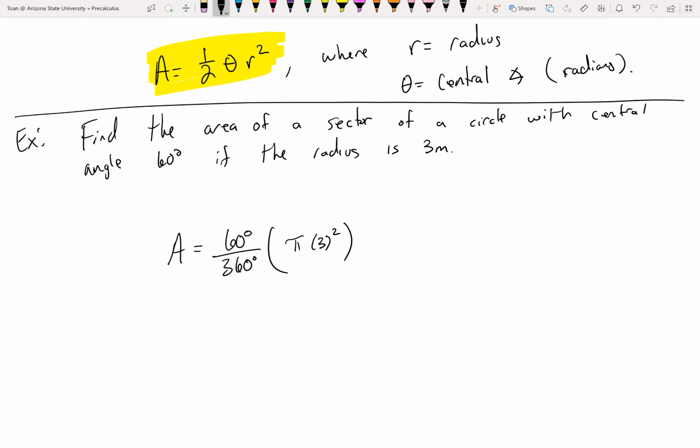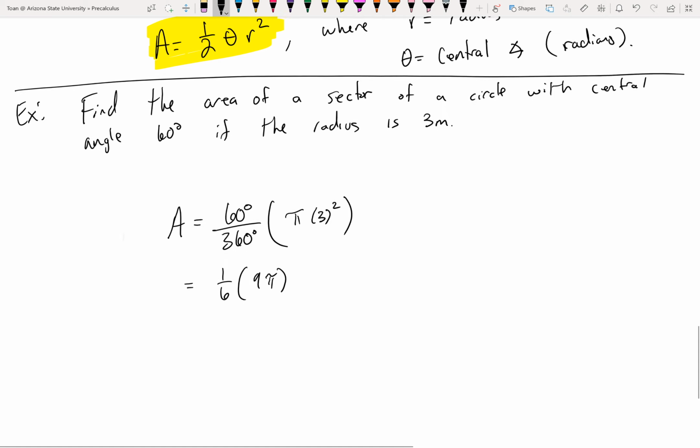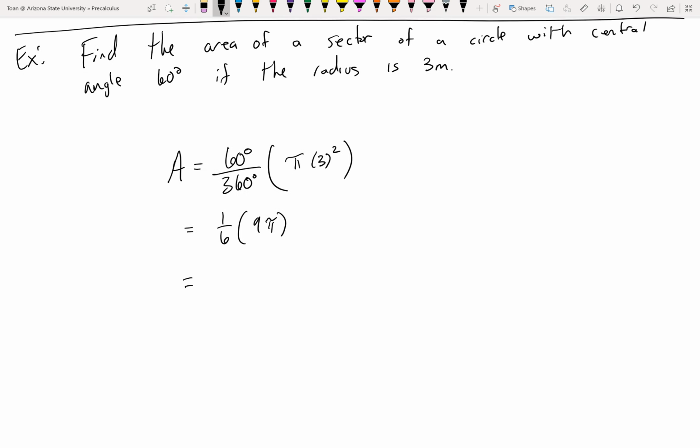And that's it. You're basically done, you just got to do math. So 60 over 360, what's that? That's a sixth, times 9 pi. So that's 9 over 6, which is 3 halves pi meters squared, right?